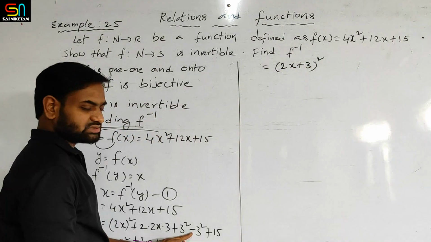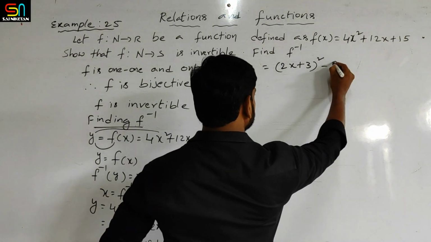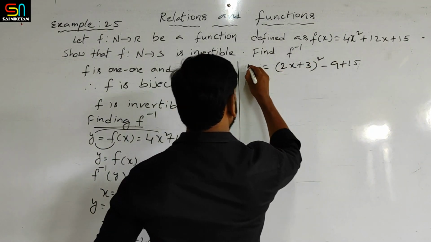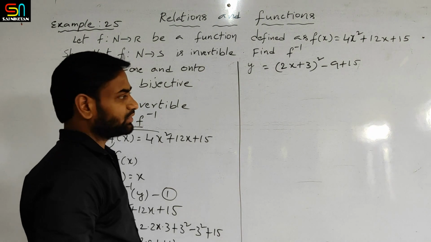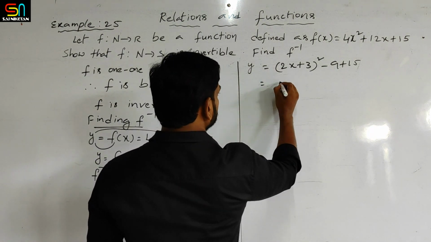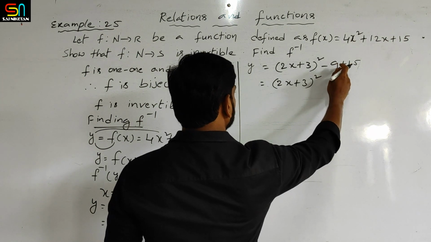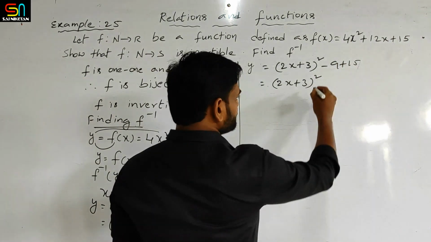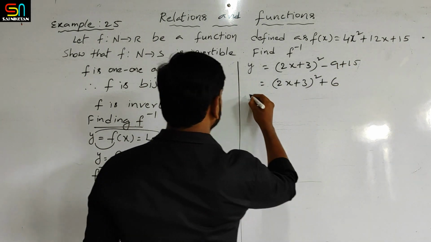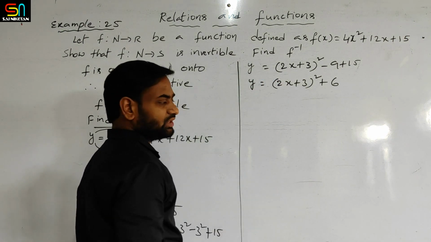Next, minus 3 square means 9 plus 15, which is equal to y. Now here (2x plus 3) whole square minus 9 plus 15 is plus 6, which is equal to y.